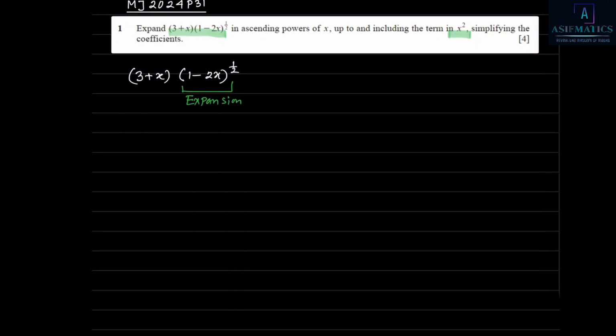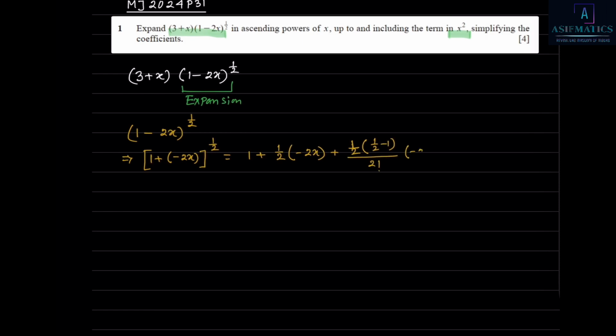So what we can write here is (1 minus 2x) to the power 1 by 2, or we can simply write this as (1 plus minus 2x) to the power 1 by 2, equals 1 plus nx, so half times minus 2x, plus n(n minus 1) by factorial 2 into (minus 2x) square.